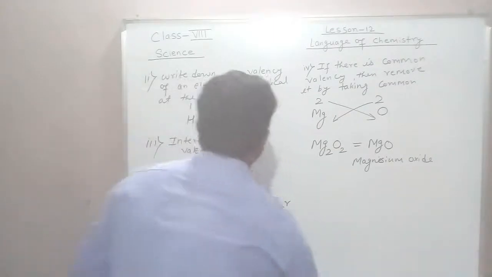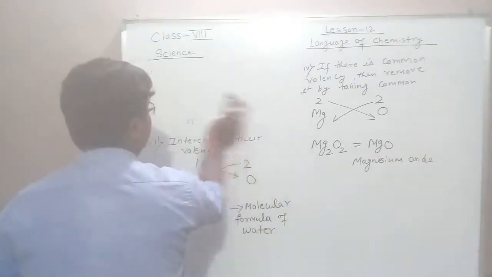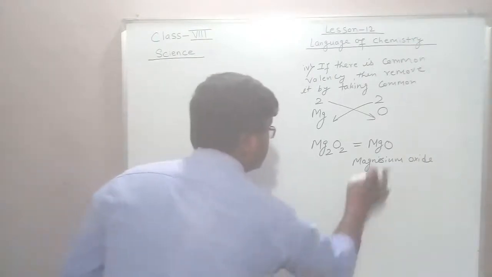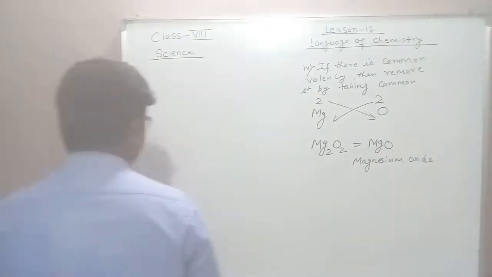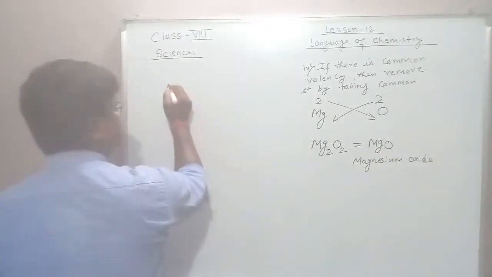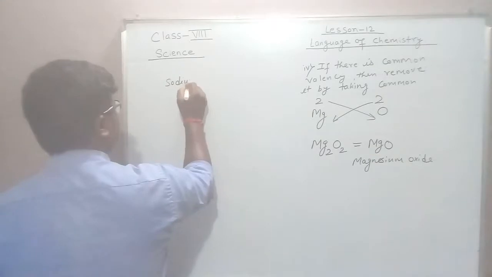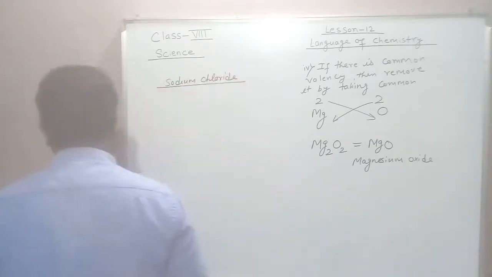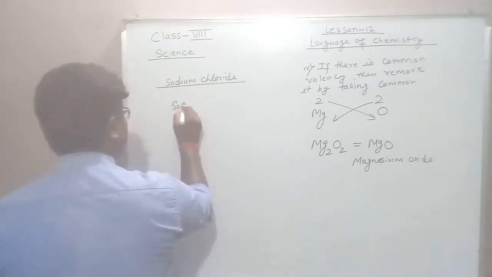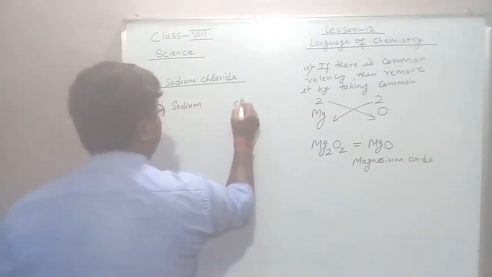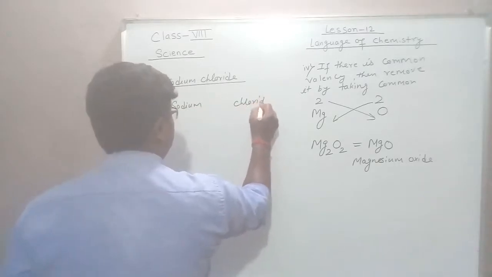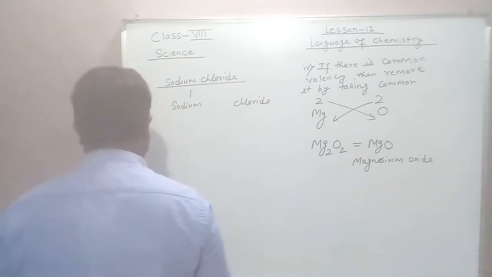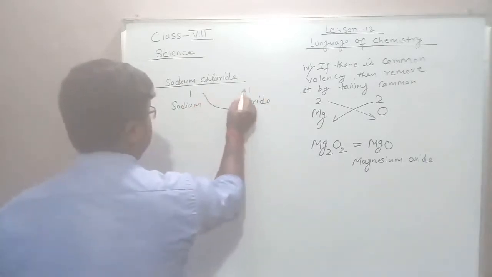Some more examples let me give you. For sodium chloride, I am writing sodium and chloride here. The valency of sodium is 1 and chloride is also 1.